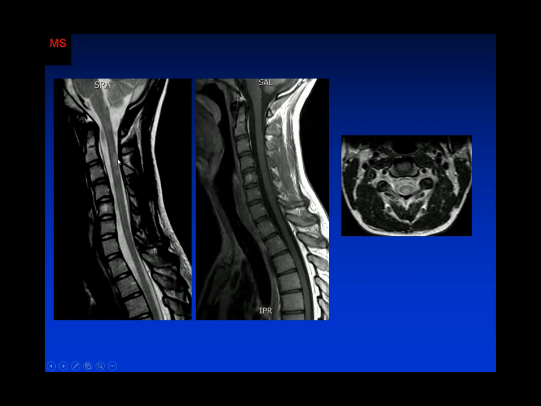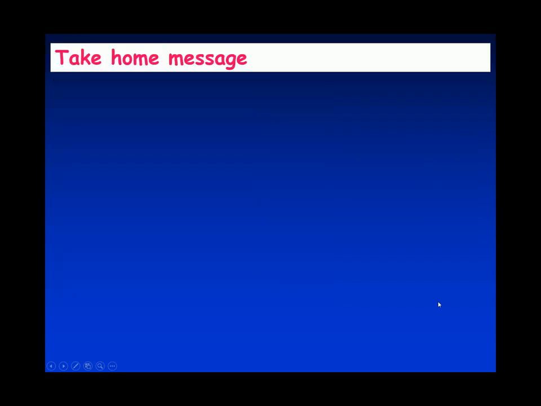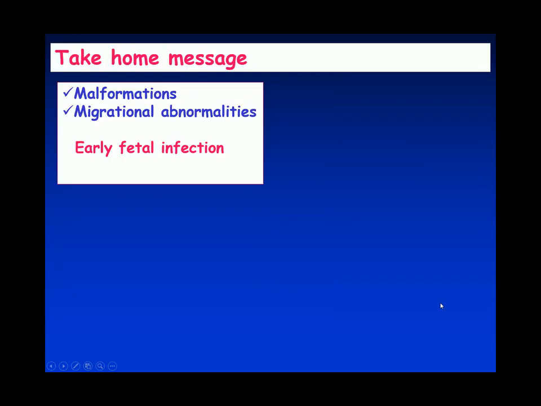And if you perform axial scans, you will see that the lesion is extending in less than 2/3 of the axial images, in contrast to ADEM.